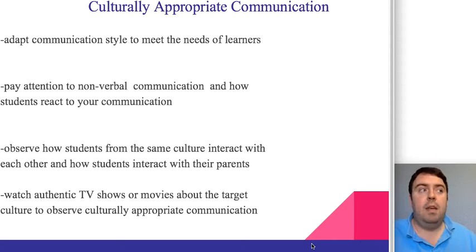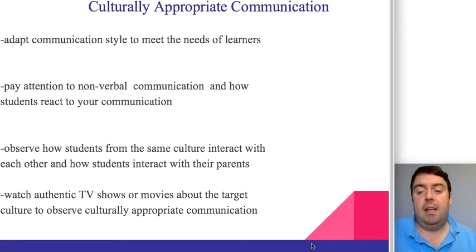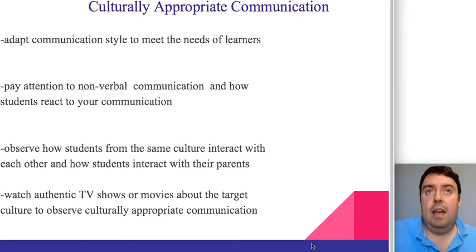They might be hesitant to make eye contact, or they might look nervous, distracted, bored, upset, or angry. That can show you that maybe the way that you're communicating is not meeting students' communication expectations, and there's a communication barrier.